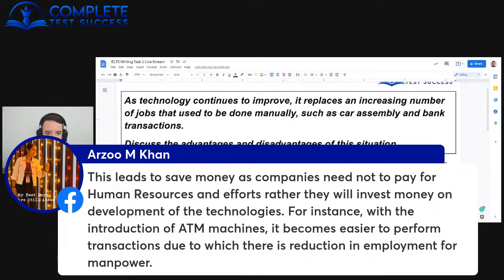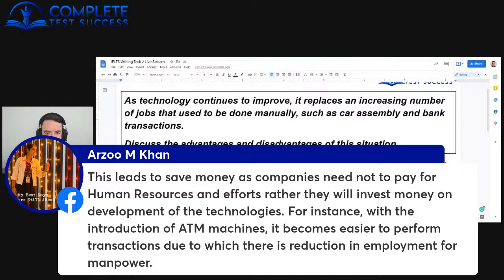Okay, Arzu: it leads to saving money as companies need not pay for human resources and efforts. Rather, they will invest money in the development of technologies. For instance, with the introduction of ATM machines, it becomes easier to perform transactions, due to which there is a reduction in employment for manpower.